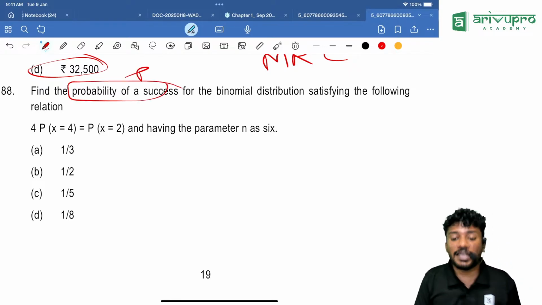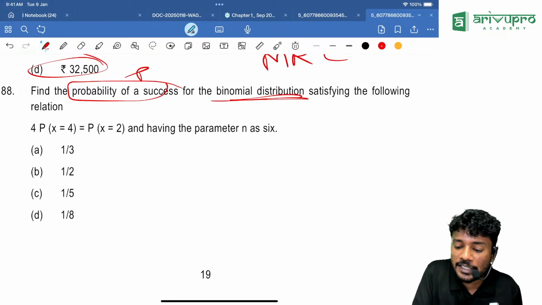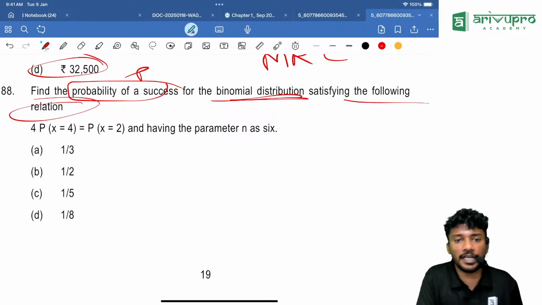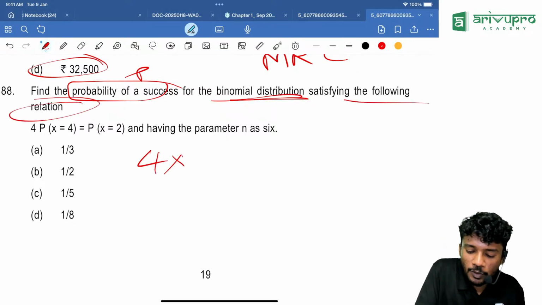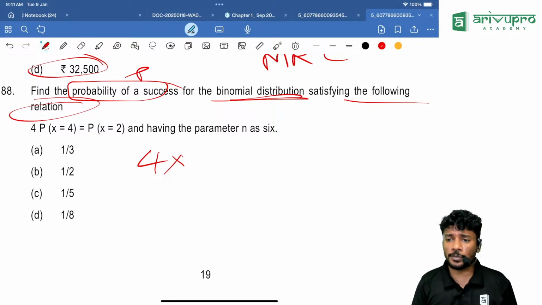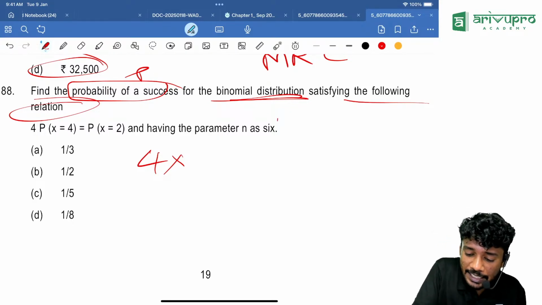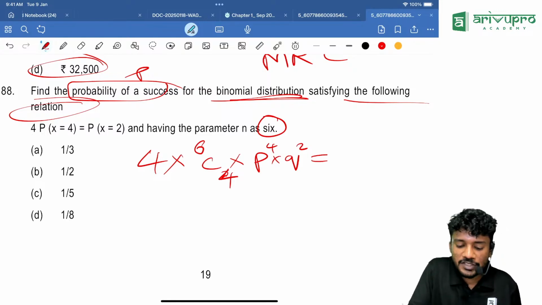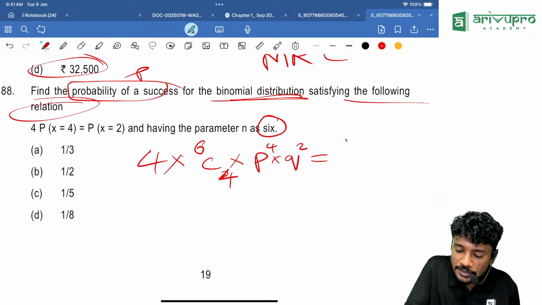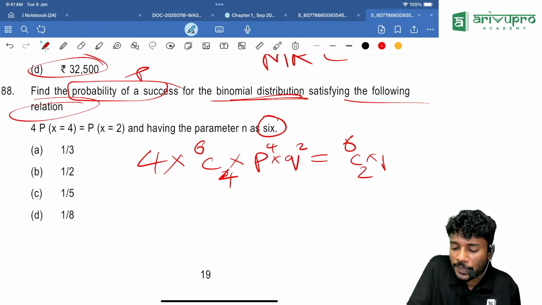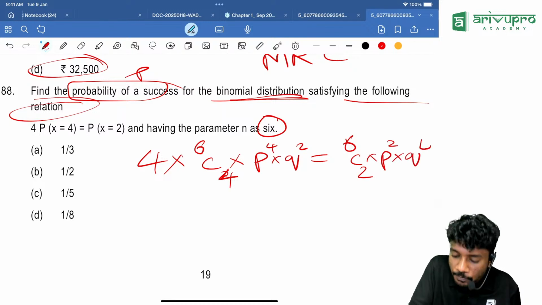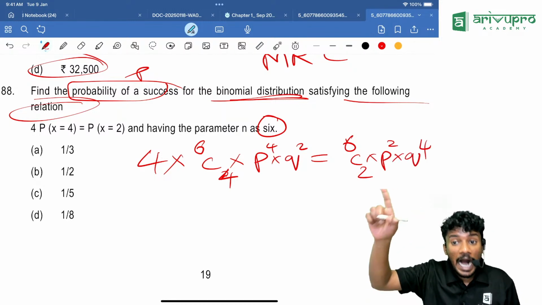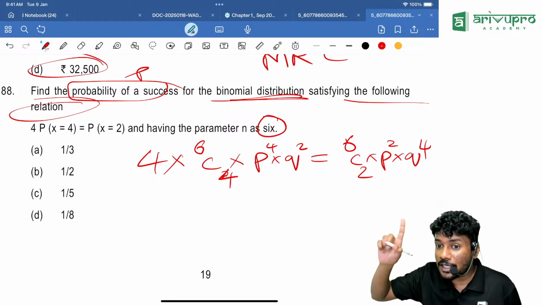Now, find the probability of success. We need to find the p-value for the binomial distribution satisfying the following relation. That means 4 into, what is the formula for binomial distribution? nCx. Here n is how much? 6. 6C4 into p raised to 4 into q square is equal to 6C2 into p square into q raised to 4. nCr and nC(n minus r) are the same, right?